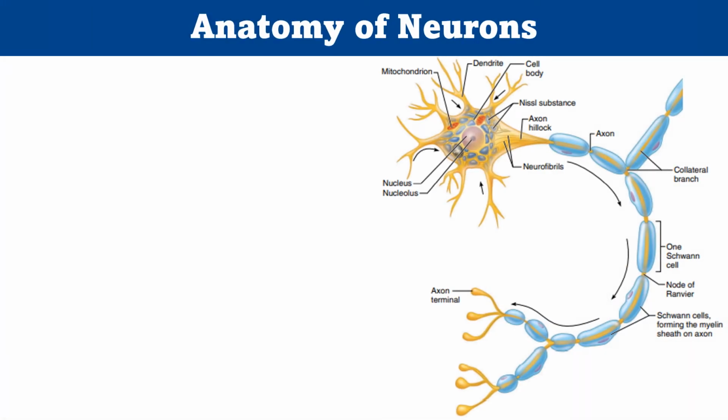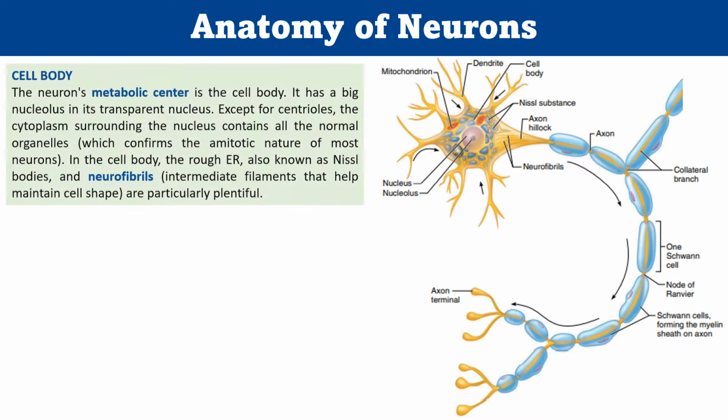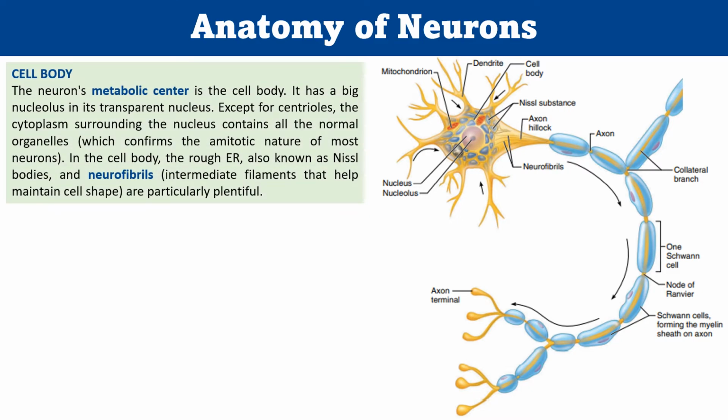Next is the anatomy of a neuron. The first thing we look at while discussing the anatomy of a neuron is the cell body. The neuron's metabolic center is the cell body. It has a big nucleolus in its transparent nucleus.